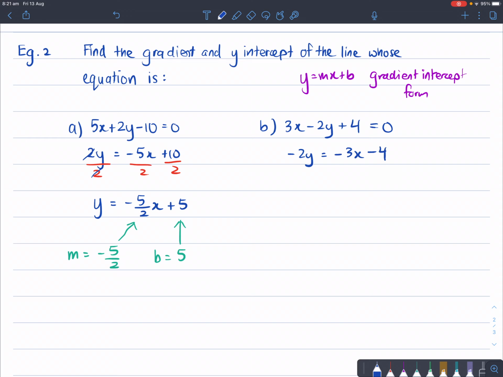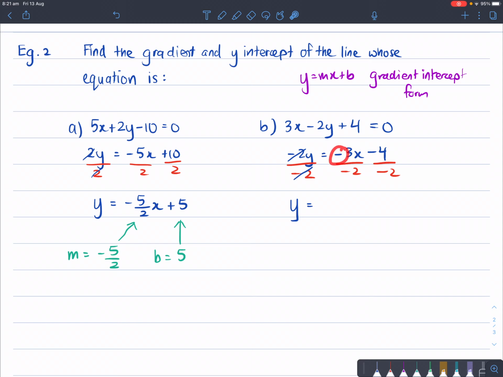And right now what we've got is a negative 2 times y, so we've got to divide by that negative 2 to get rid of it. So every term must be divided by negative 2. The first negative 2 before the y divided by negative 2 cancels, so that y is now left with negative 3 over negative 2. Well, 2 can't go into 3, so we'll leave it as it is.